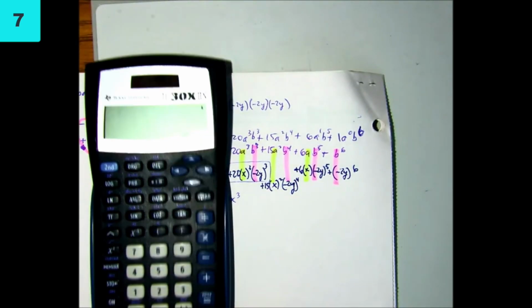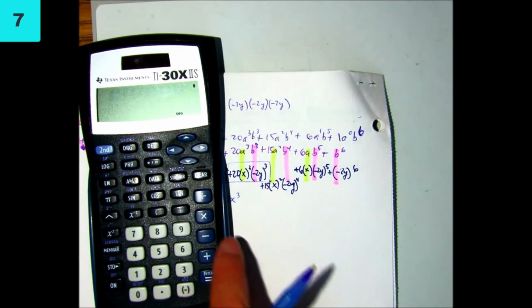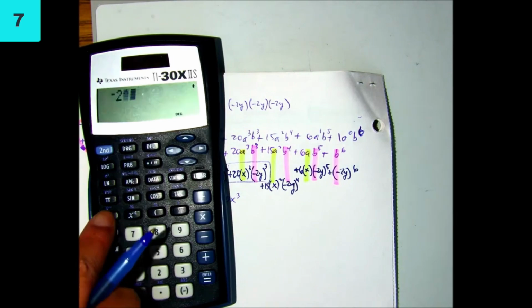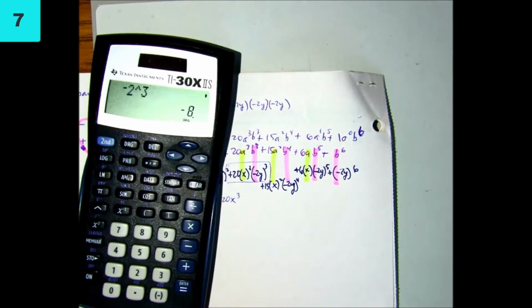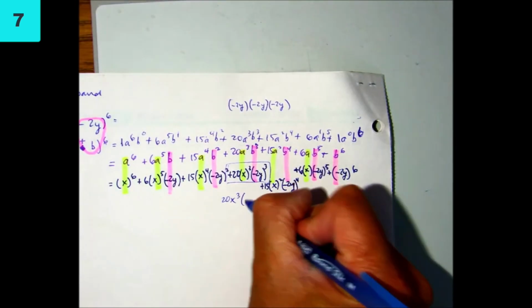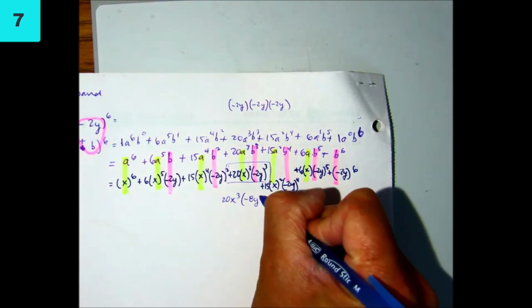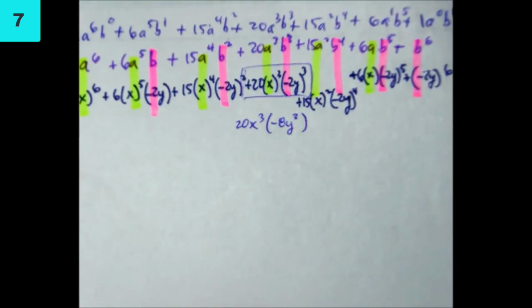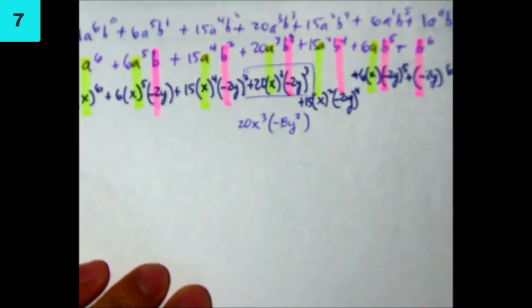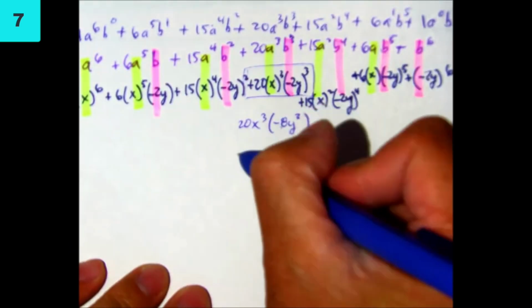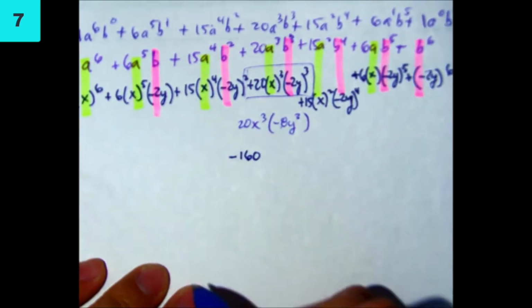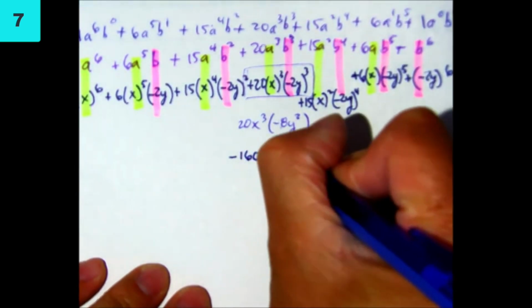Negative 2, caret, or the exponent button, to the 3rd power. And you should have negative 8. So that becomes negative 8y to the 3rd power. Almost done. 20 times negative 8 gives me negative 160. And then the x's and y's, you just write in alphabetical order. X to the 3rd, y to the 3rd.